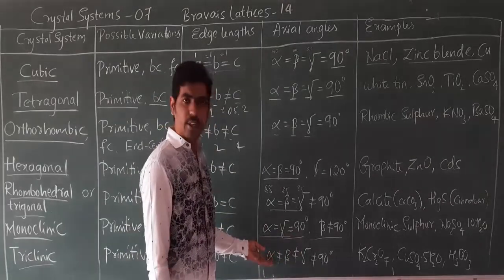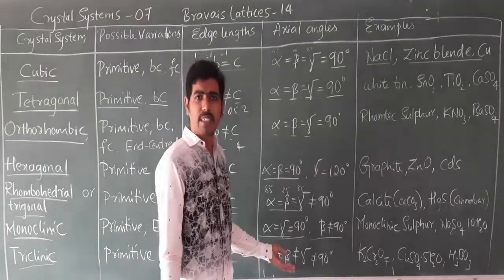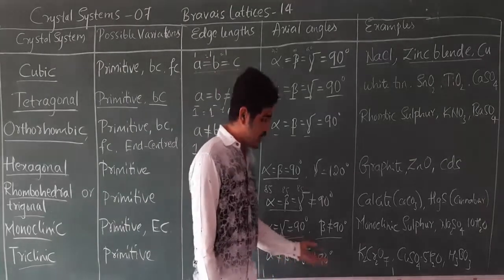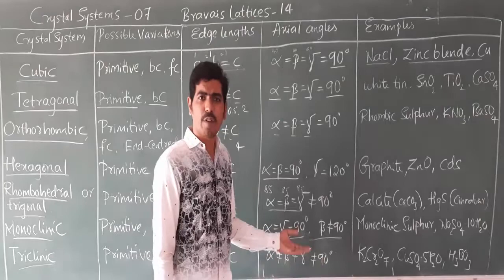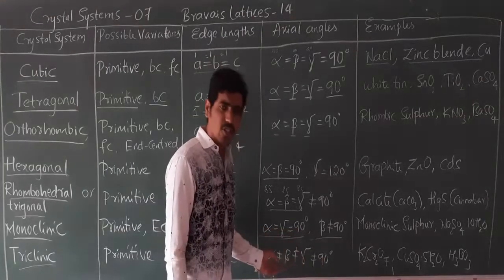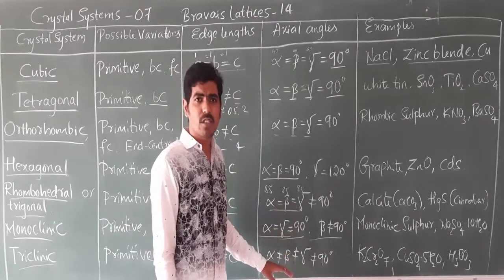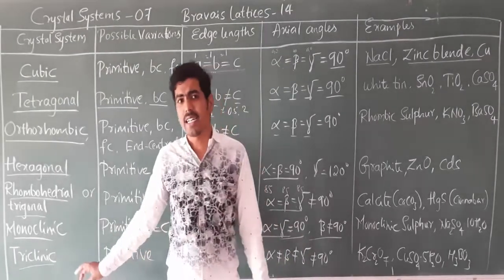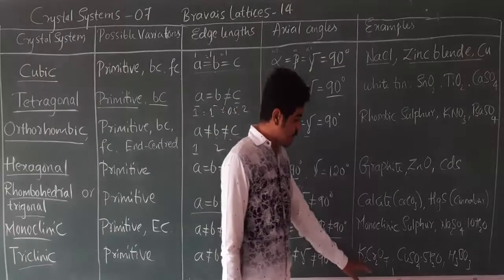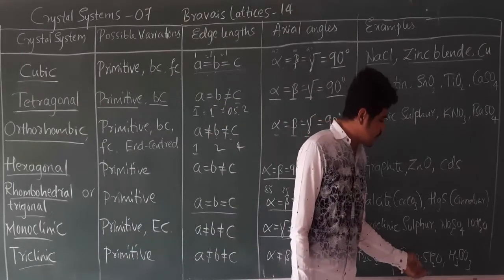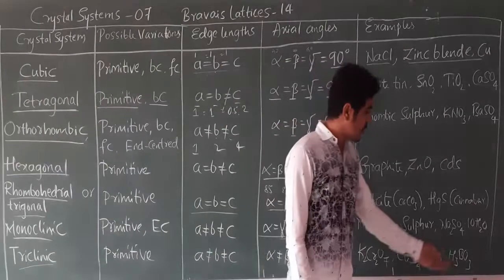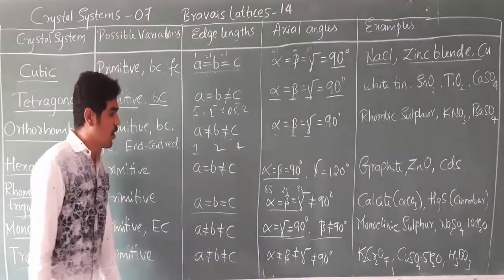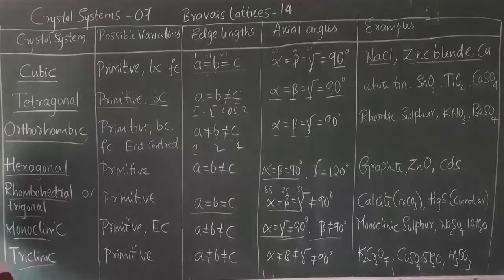If one has 85 degrees, another one will have 95 degrees, another one will have 70 degrees. So other than 90 degrees, they have different values, not equal to each other in case of triclinic crystal system. And the examples are potassium dichromate, copper sulfate pentahydrate, boric acid. So these are certain examples of triclinic crystal system.